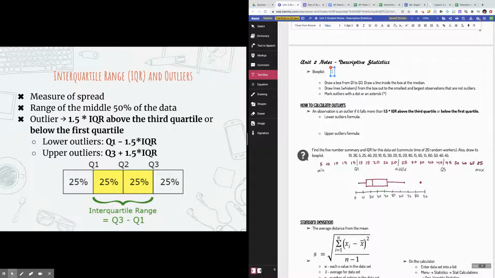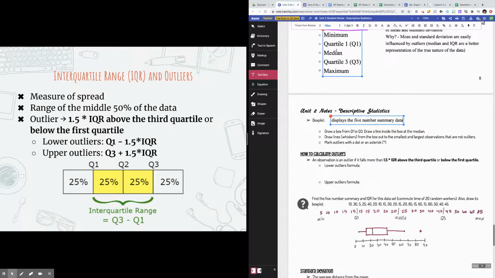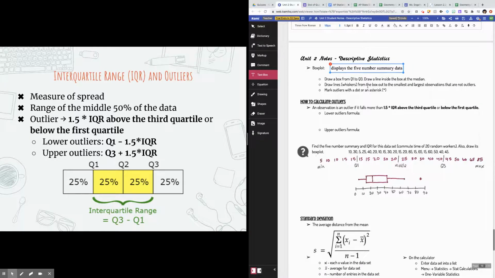A box plot literally displays the 5-number summary. All it includes is the minimum, the quartiles, the median, the maximum, and that's it. It doesn't show any individual data points. It doesn't really show shape very well. So a box plot just displays the 5-number summary data.